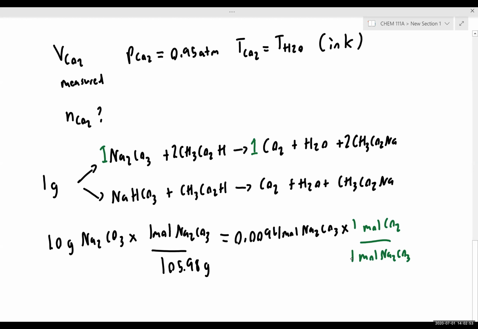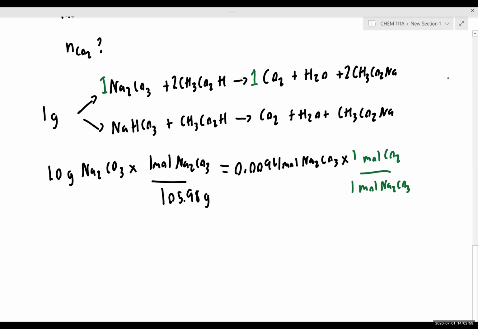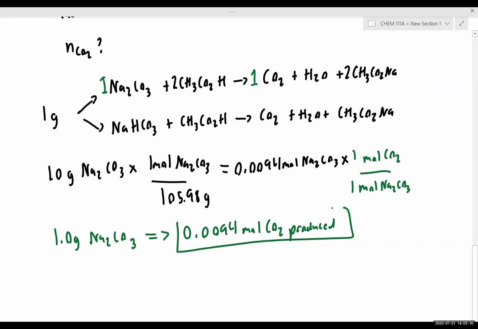So that in turn means, and this is really important, that from 1.0 grams of sodium carbonate, that is equivalent to 0.0094 moles of carbon dioxide produced. So this is our moles of carbon dioxide.